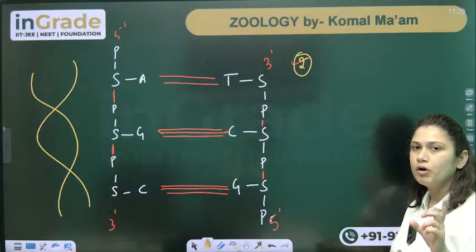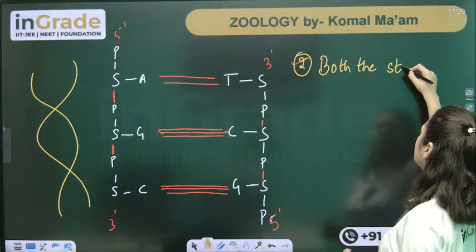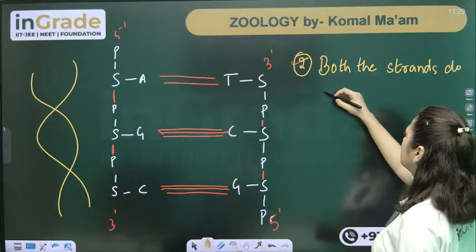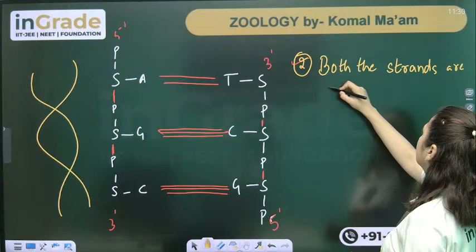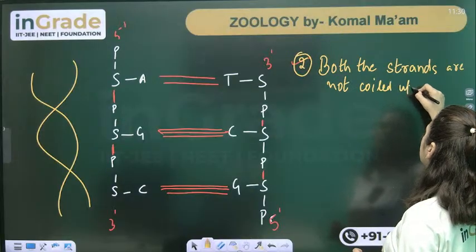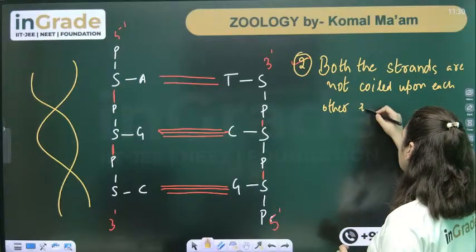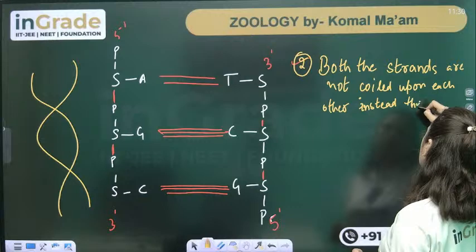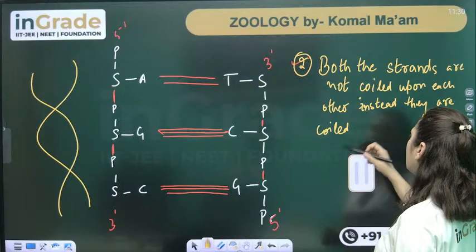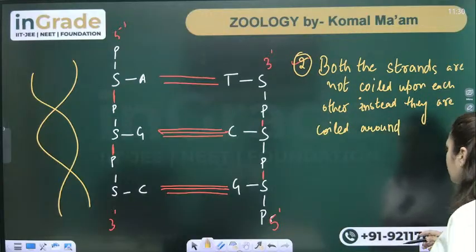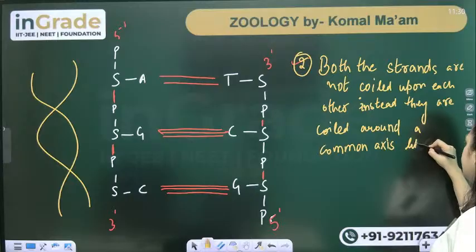Okay, so the Watson and Crick model explained that both the strands are not coiled upon each other; instead they are coiled around a common axis, like a helical staircase.